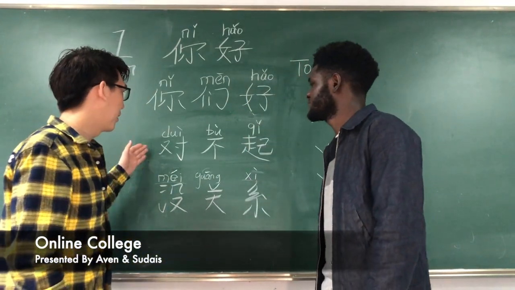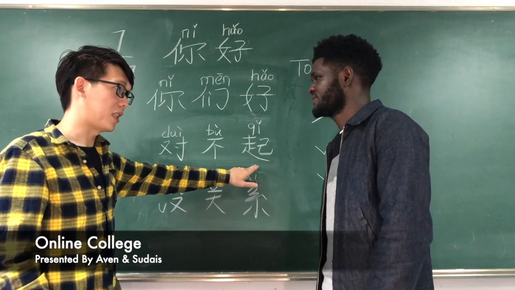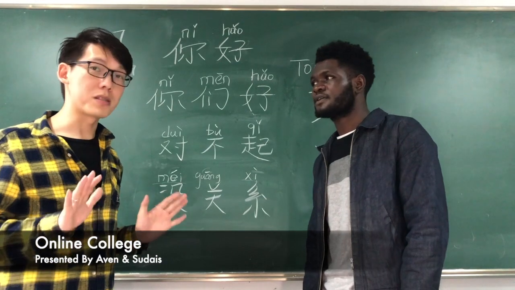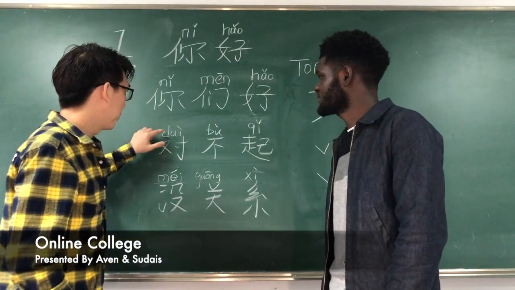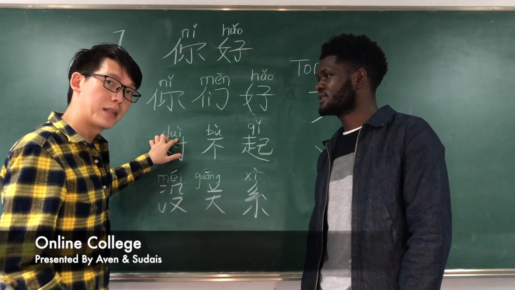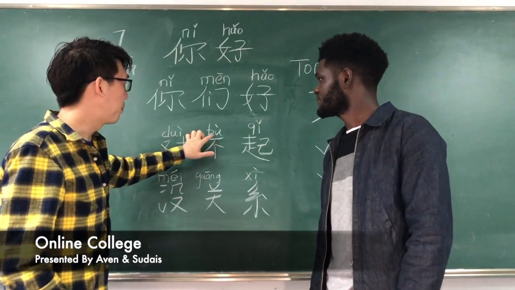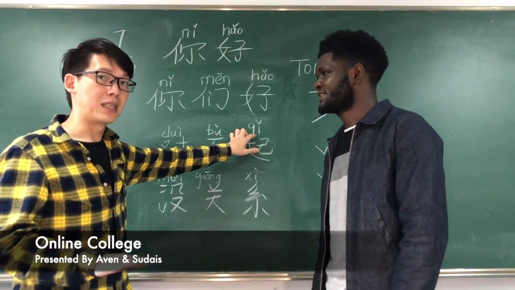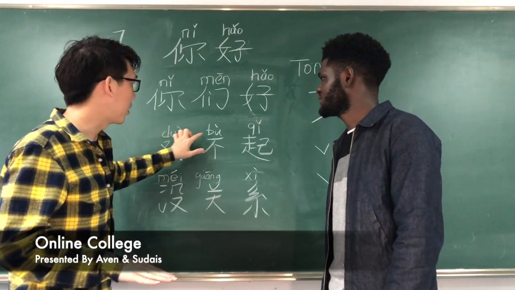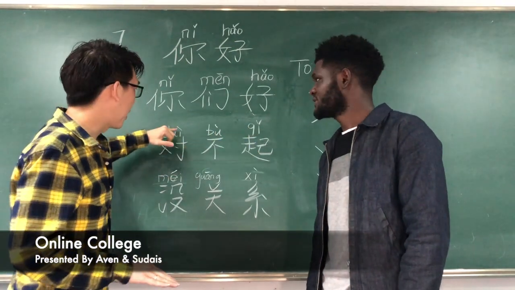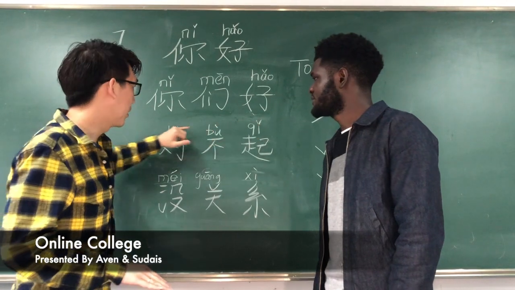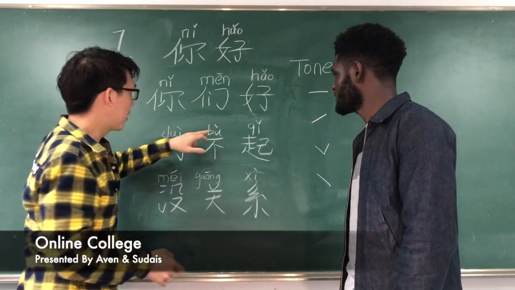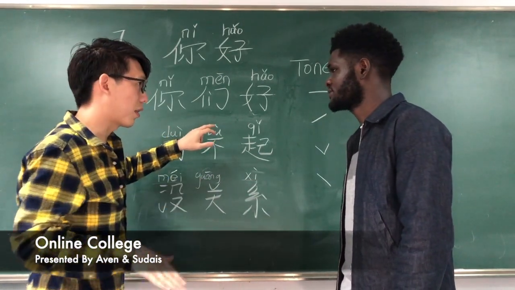The third one, 对不起, means sorry. How to spell? 对, 不, 起. You see the tone is different for the spelling. 对 is the fourth tone, 不 is also the fourth tone here, and 起 is the third tone.